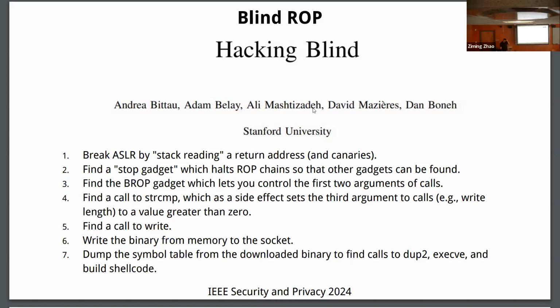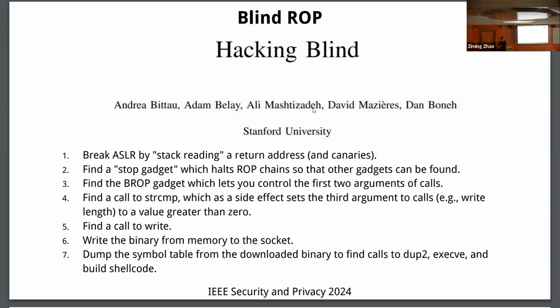Another approach is to use the same approach we used to guess the canary value. Remember, how did we guess the canary value? We overwrite each byte. If it crashes, then we know that's not correct. But this approach only works for programs that use fork to create a child, right?